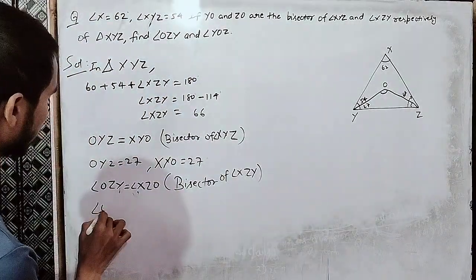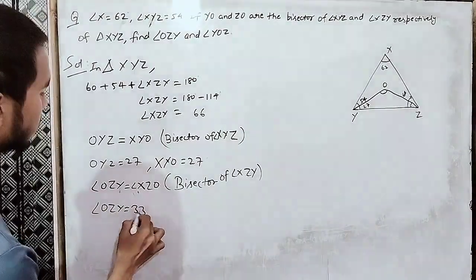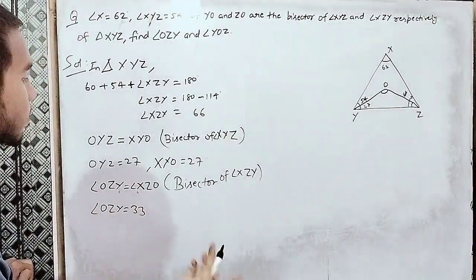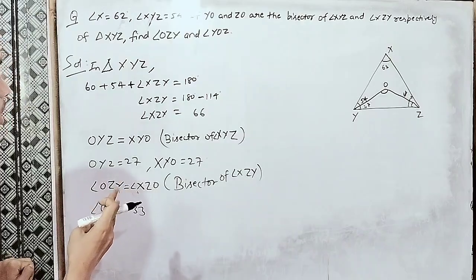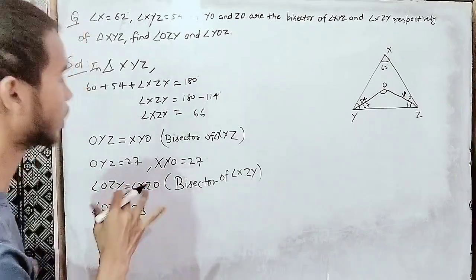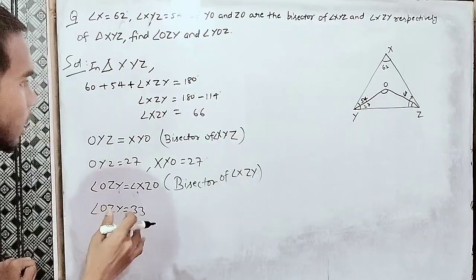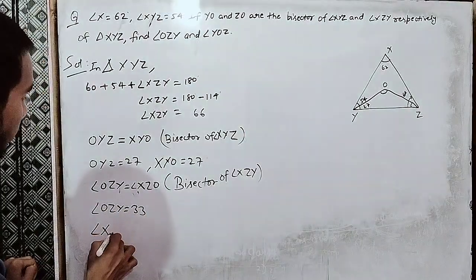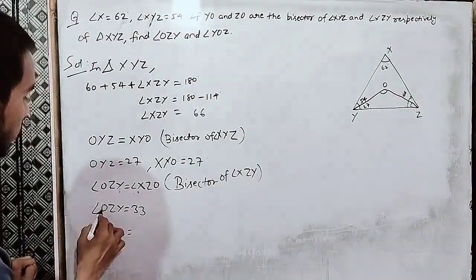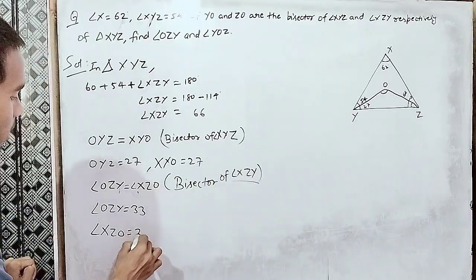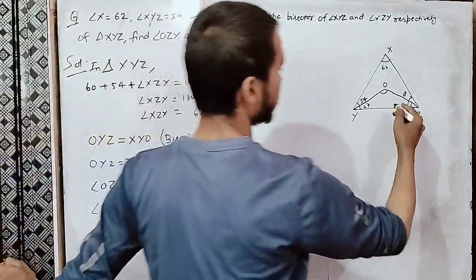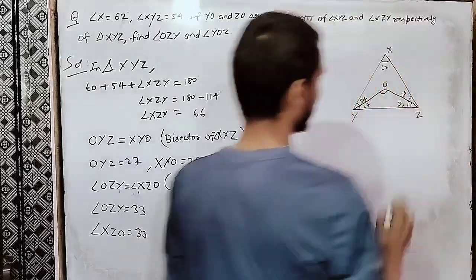Then here we can say it is 33. The reason is bisect, which means the two parts of an angle are equal to each other. This is 33, this is 33.